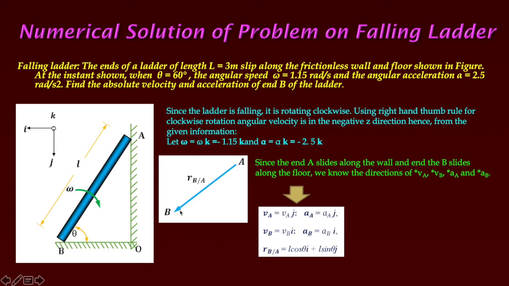Now substitute this value of RBA, which equals L cos theta i plus L sin theta j. Why is it so?